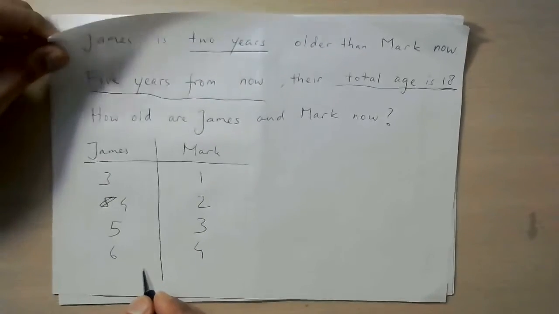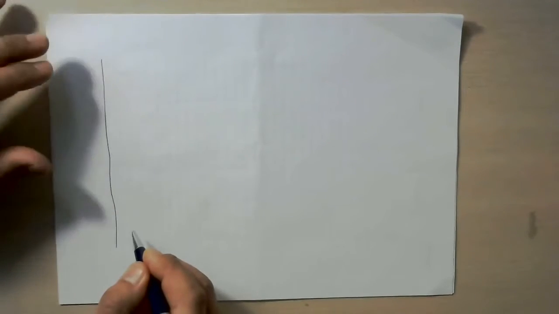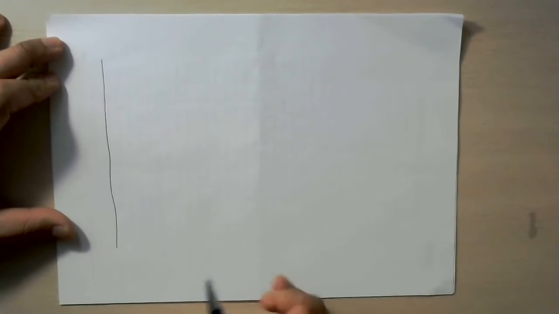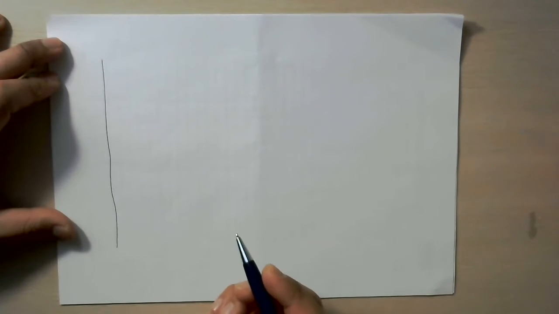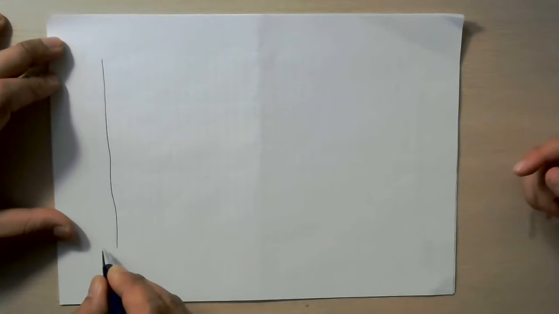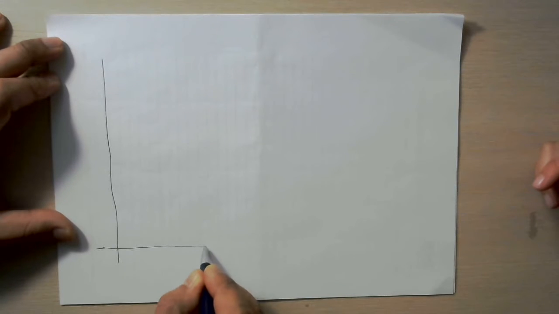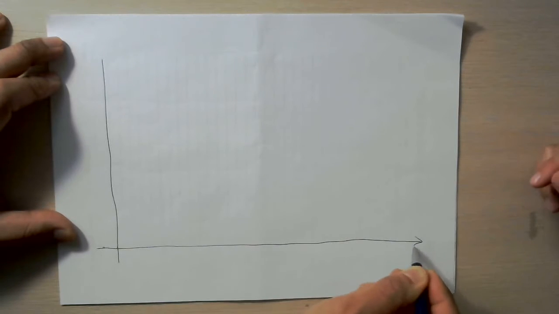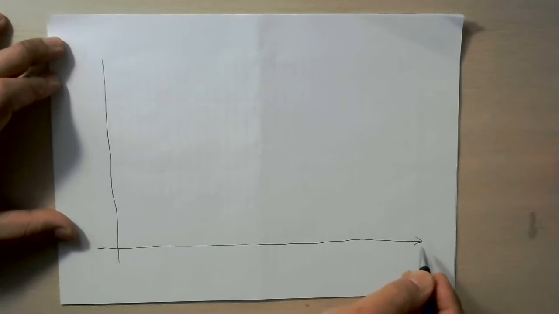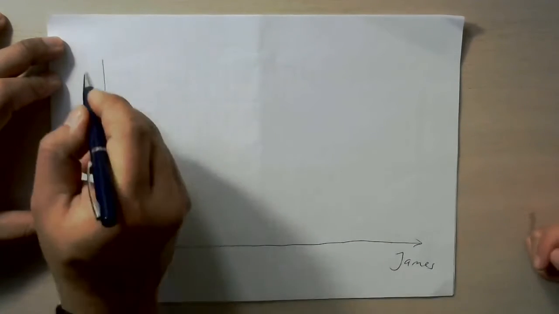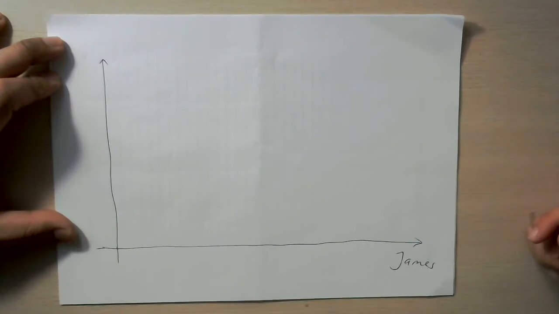Now, the way we solve this is by plotting their ages on the number line. But because we have two people here, James and Mark, we will have two number lines that are perpendicular to one another. I'll put the horizontal number line for James and the vertical number line for Mark.